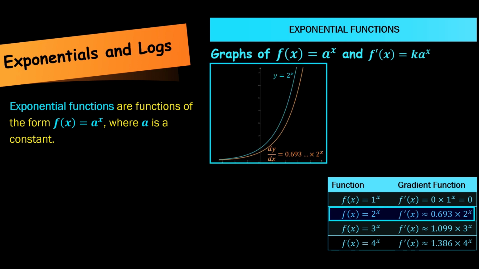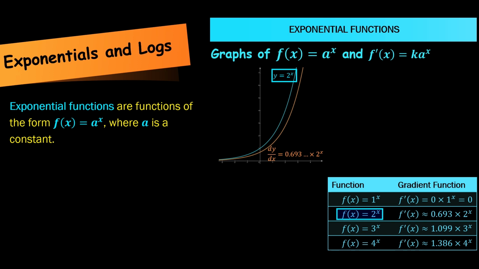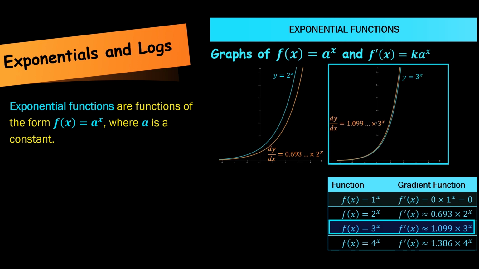Here's y equals 2 to the power x and its corresponding gradient function. Notice that the line for y equals 2 to the power x is above the line for dy dx. Here's the function y equals 3 to the power x and its corresponding gradient function.